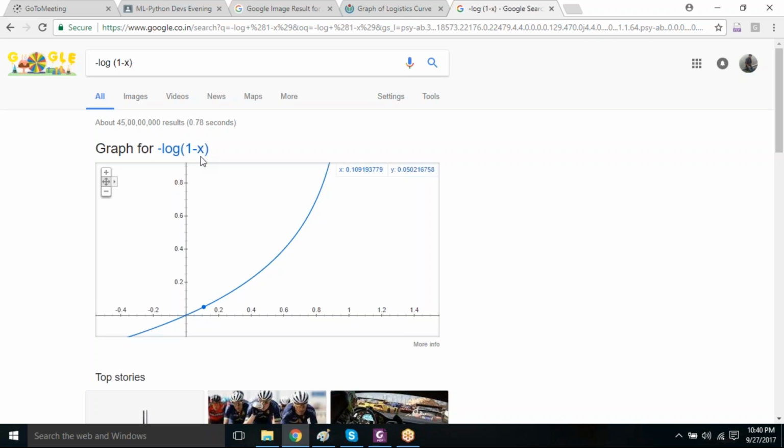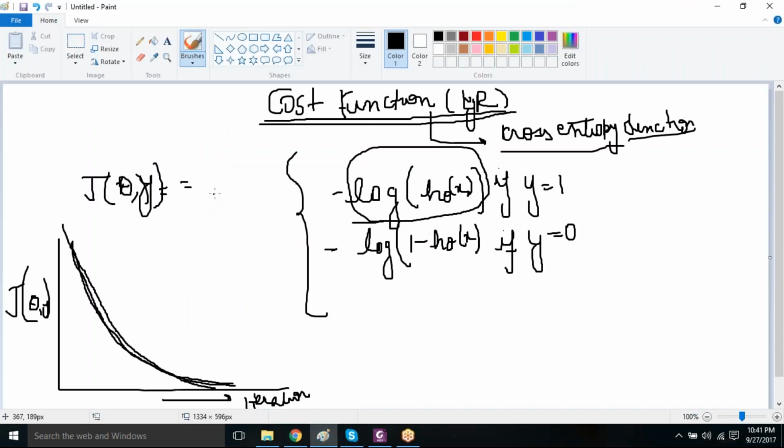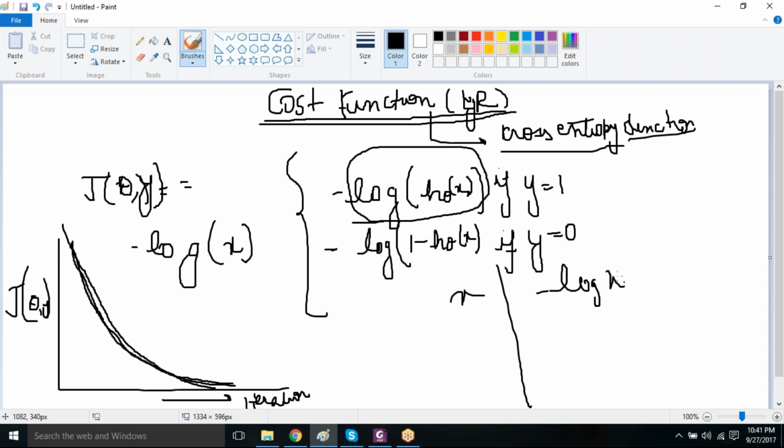So let's not go to that much detail of plotting this function. This you can try on your own, right? You can just try minus log x. Make a table, take different values of x and their log value and just try to plot it.